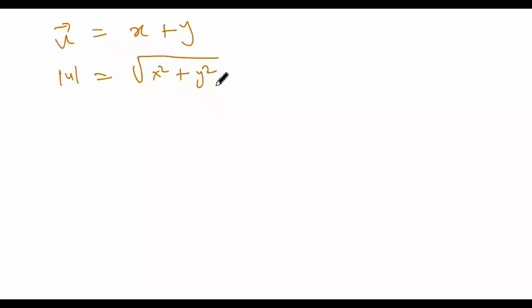So this is what you get. And you could have your vector u in the form of a column vector, that is x over y, like this. It's still the same formula. So let's look into an example. Let's say vector u is equal to 2, 3.